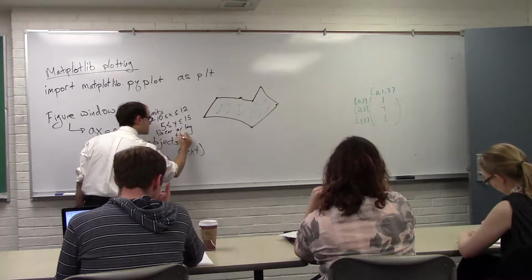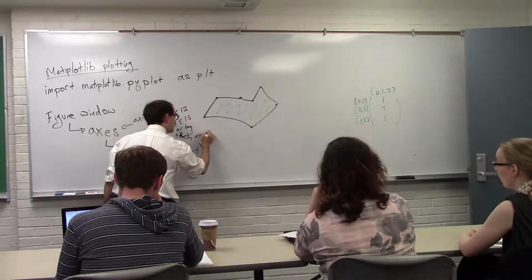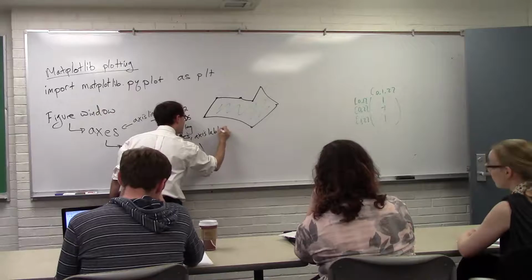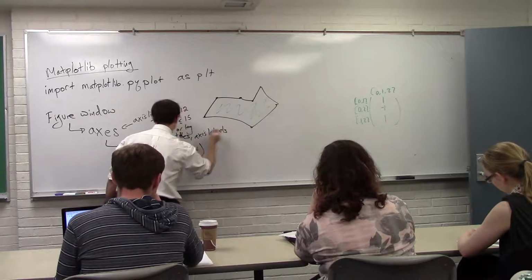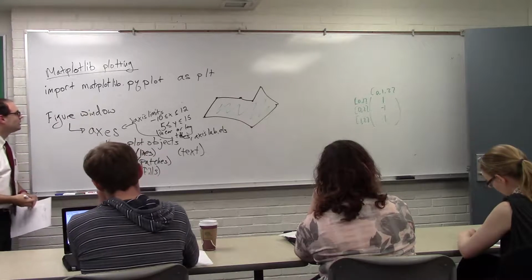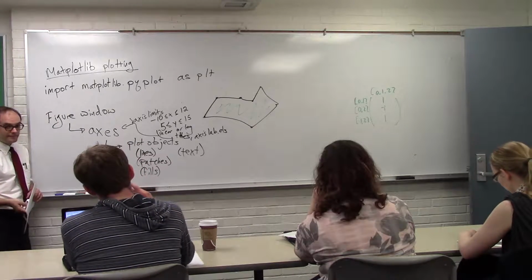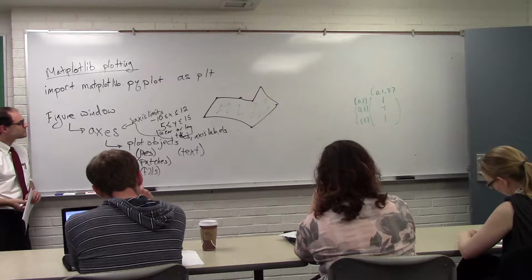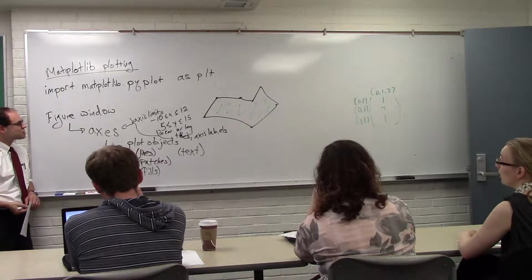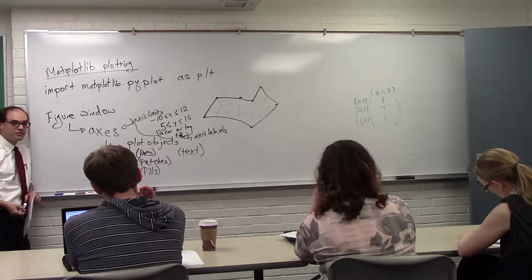Things like titles. Axis labels. All of these things here are axis properties. And so, yeah? What's the relationship between the plot object and the axes? So plot objects have to be on an axis. They are drawn with respect to the coordinates given by an axis.